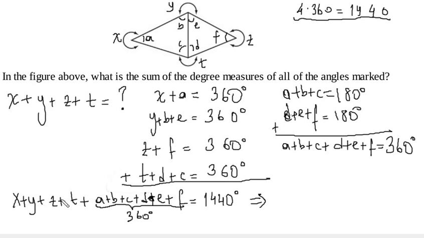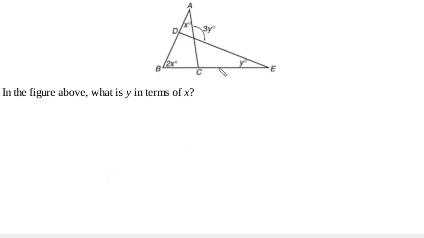So x plus y plus z plus t is going to be equal to 1440 minus 360, that's going to be 1080 degrees. So this is our answer: the sum of all the marked angles, x plus y plus z plus t, is equal to 1080 degrees.